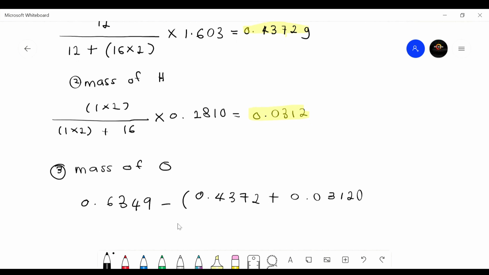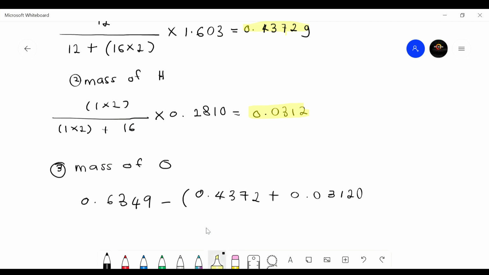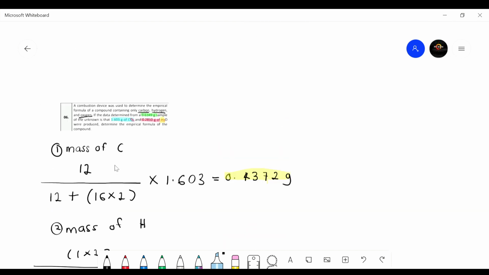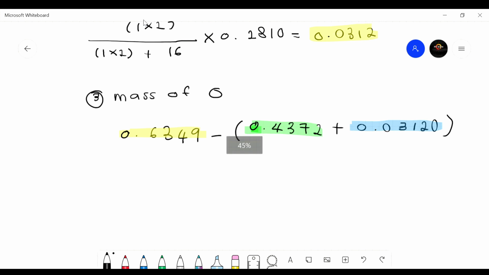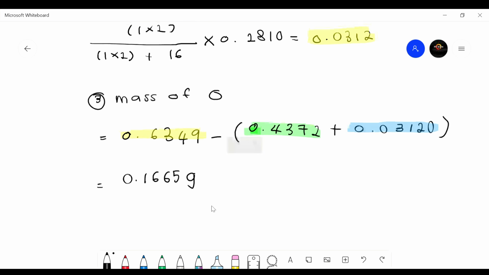So this is the mass of the sample, the mass of our carbon, and the mass of the hydrogen. From that we will find the mass of oxygen. The mass of oxygen is 0.1665 gram.